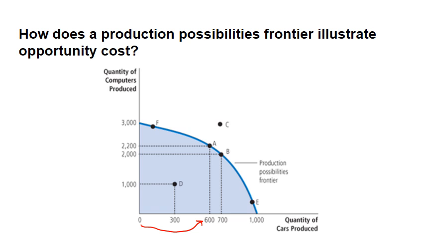Well, that means the number of computers is going to go from 3,000 down to 2,220. So we give up 800 computers to obtain those 600 cars.